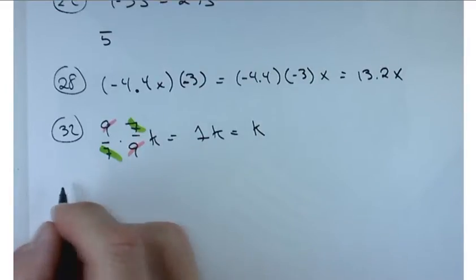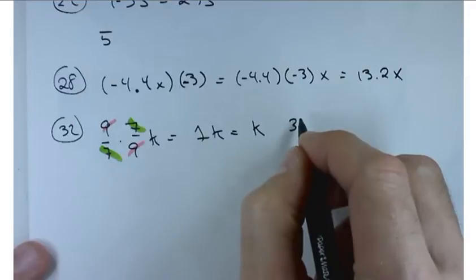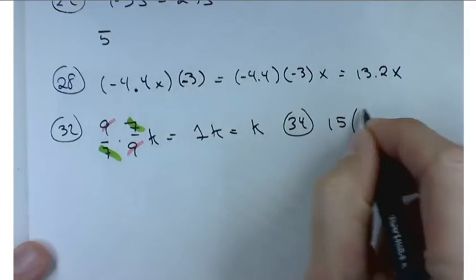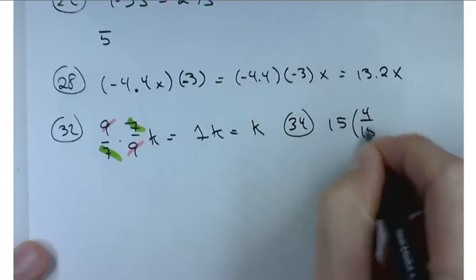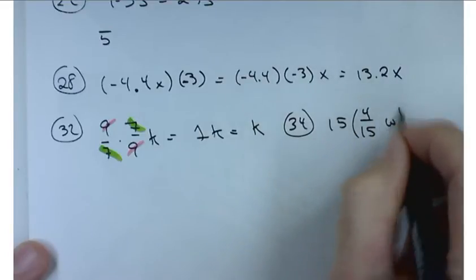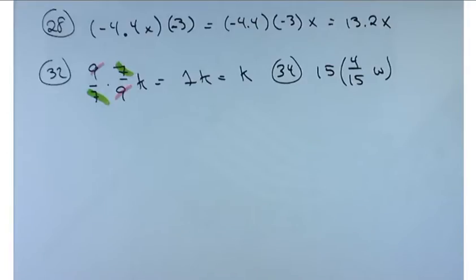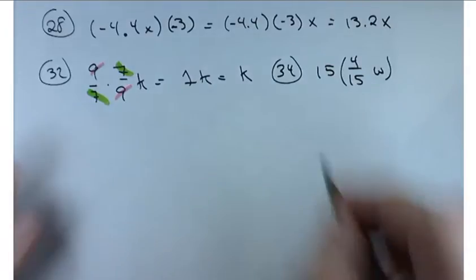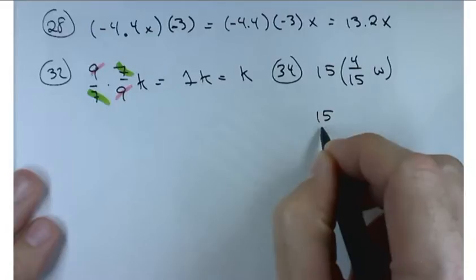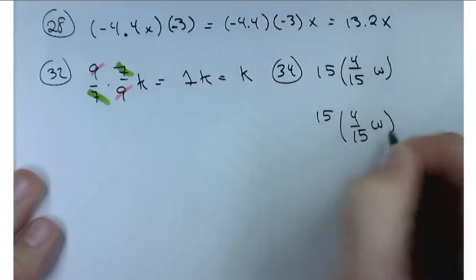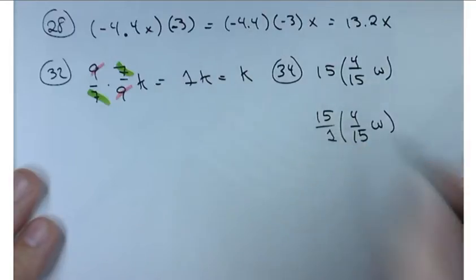You don't always have to go all the way out to the reciprocal. We can do things like problem number 34. 15 times 4/15 w. If it helps you in problems like this, and it's up to you, if you find it convenient, you could think of this as not 15, but what else? What's a different way to think of it? 15 over 1.